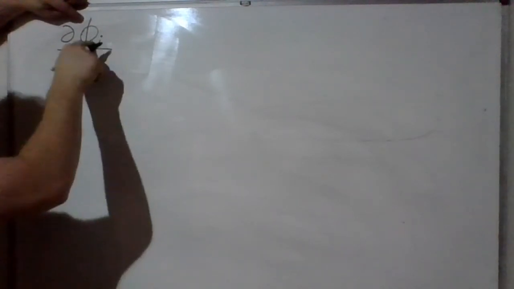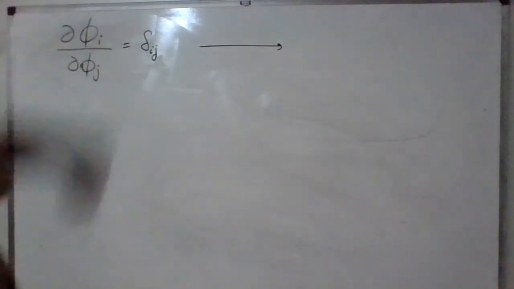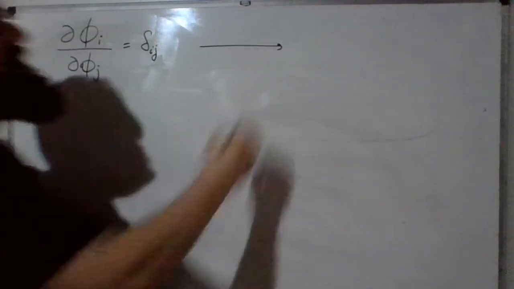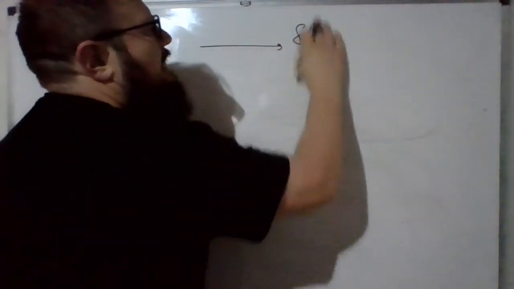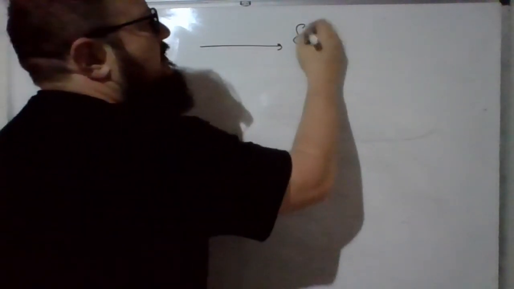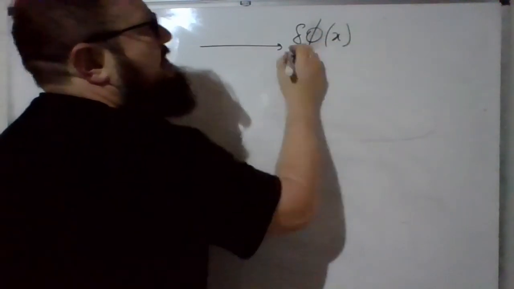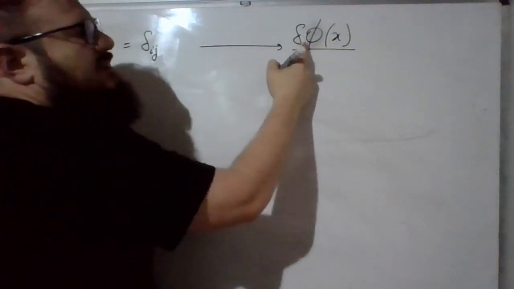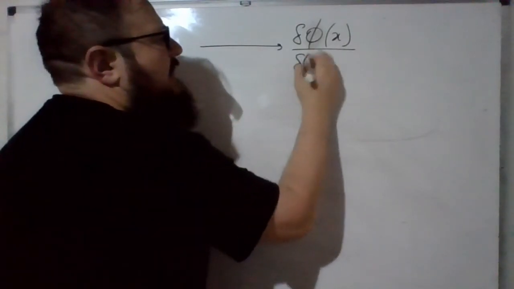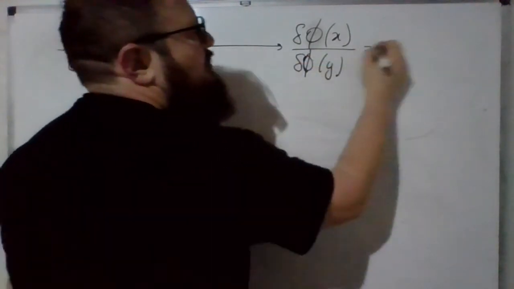If I'm calculating d phi i over d phi j, only if I pick up the same indices here, it produces 1, okay? The variables are taken to be independent. So, in the case of a functional derivative, the corresponding property is that if you calculate the derivative of some phi of x with respect to some phi of y, it produces a Dirac delta.